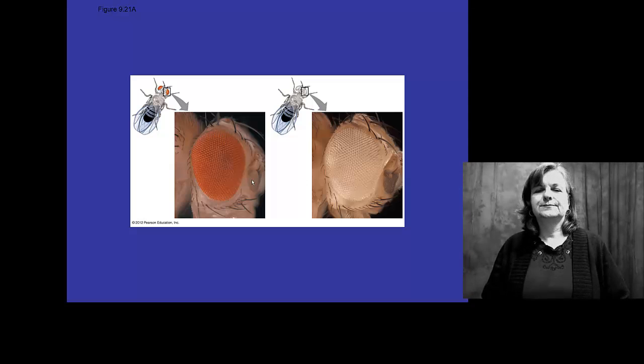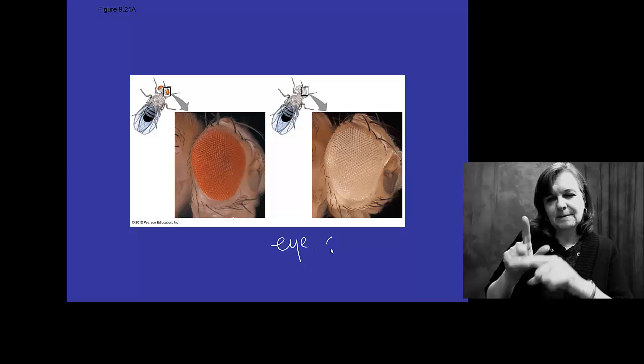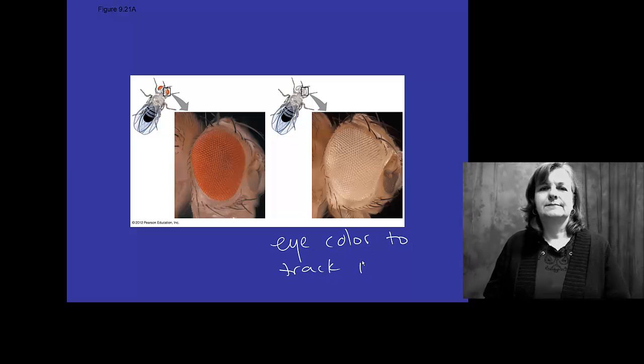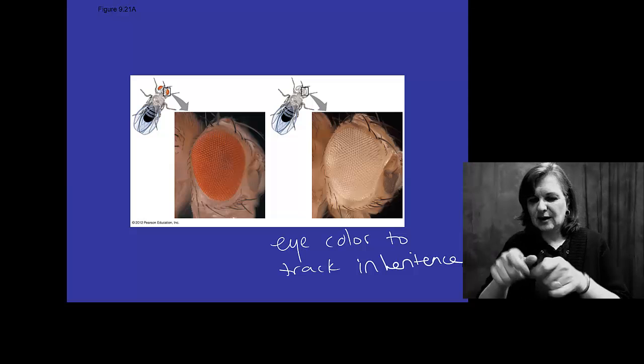We can track specific traits externally based on eye color. This is certainly easier than cutting open a fruit fly and trying to determine what its genes are.